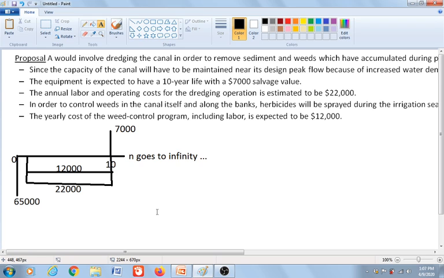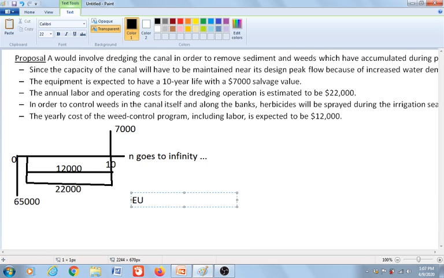So we will calculate the EUAW for proposal A, and that will be minus 65K times A over P, 5%, 10, minus 12K, minus 22K, plus 7K times A over F, 5%, 10.